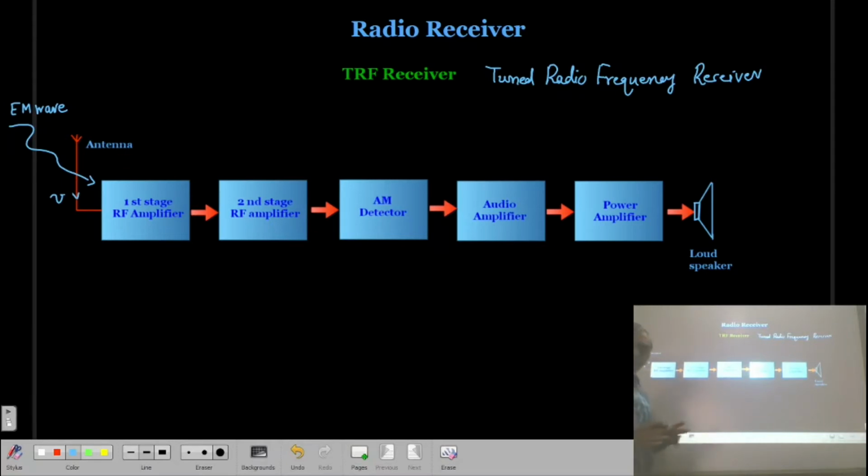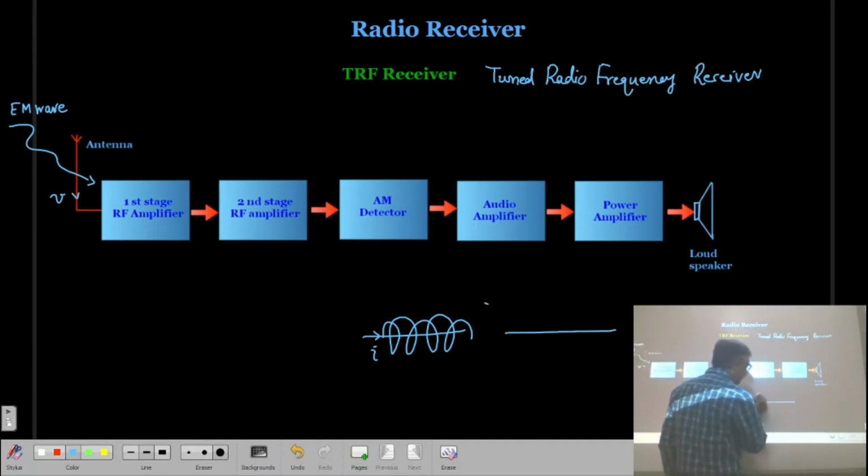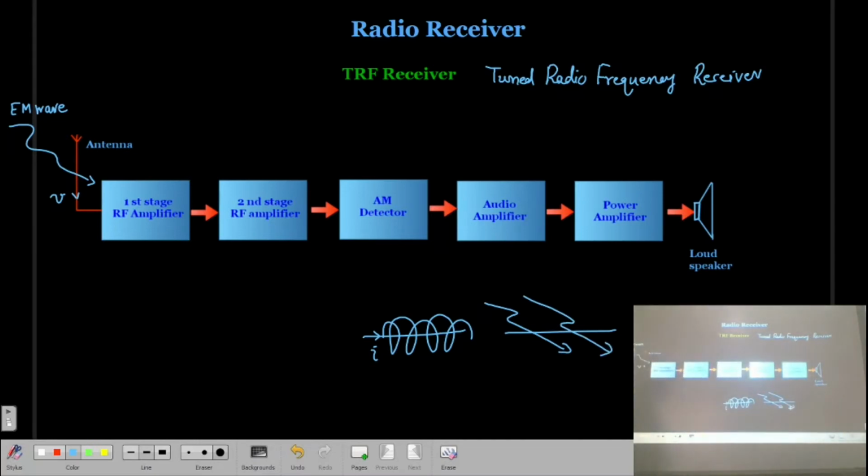What is the antenna? Antenna is simply a conducting wire. Remember, already we know that when current passes through a conducting wire, it produces a magnetic field. Correct? Now the reverse process: if this magnetic field cuts the wire, then it will induce the current according to Faraday's law.